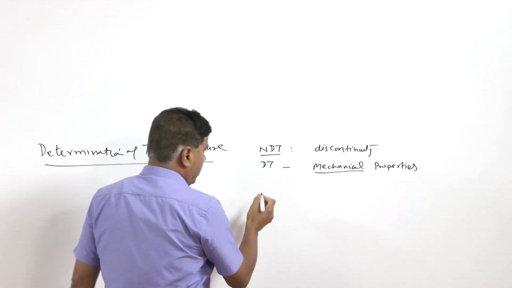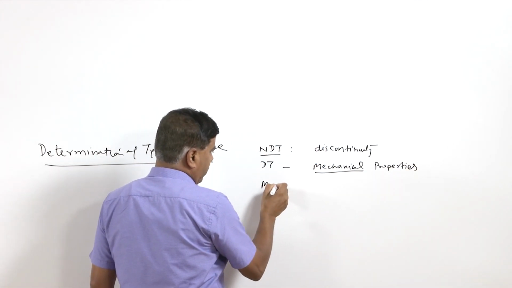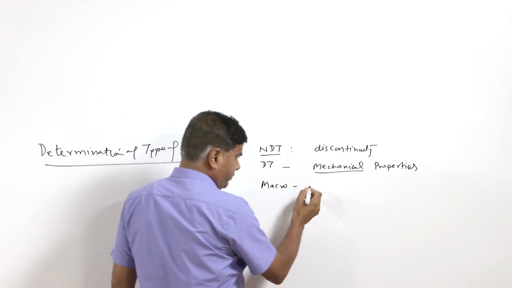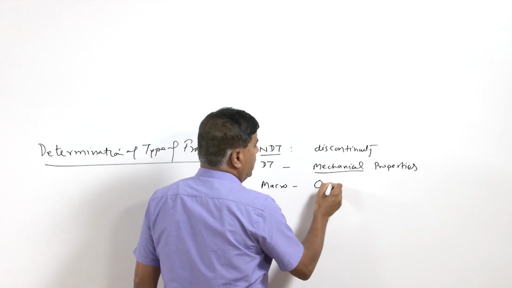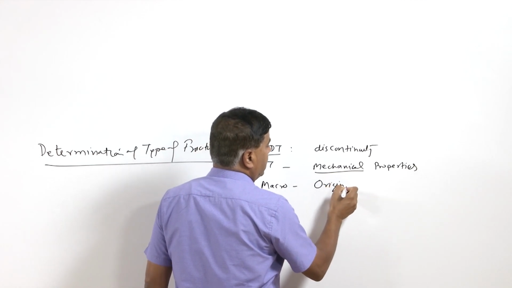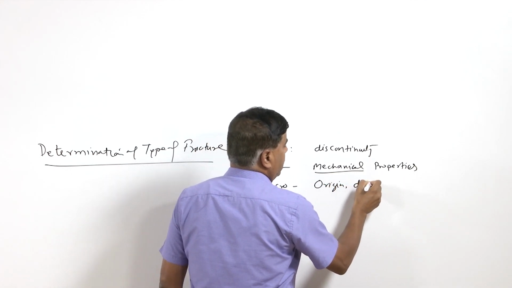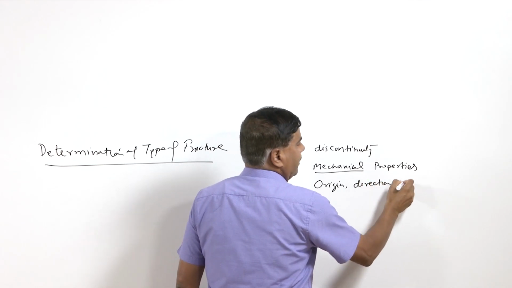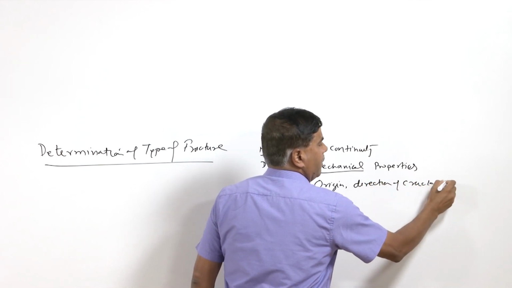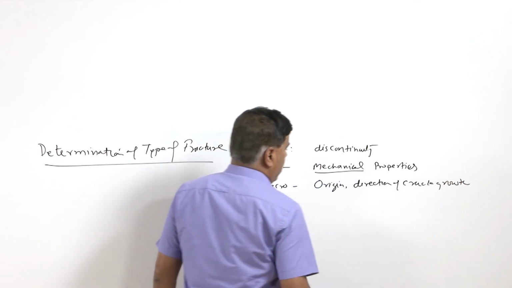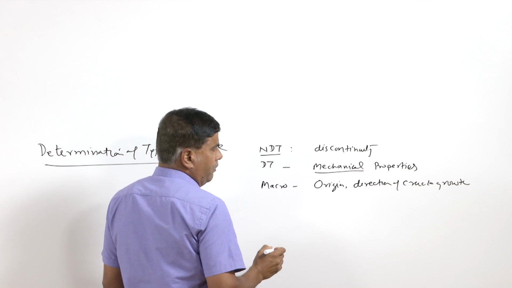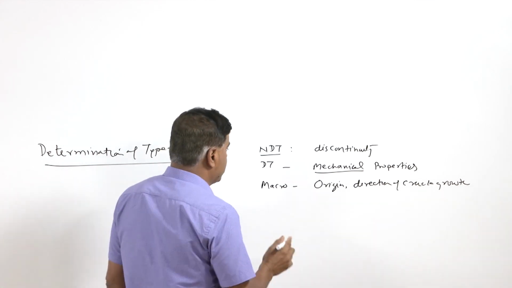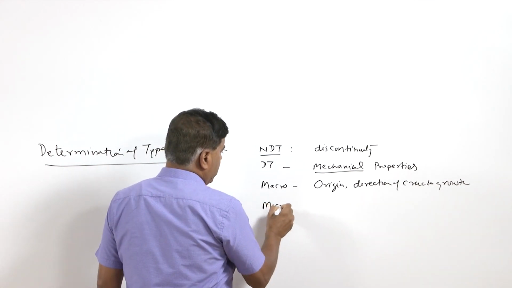Then we have also talked about the macroscopic analysis, wherein the origin or initiation of the fracture and the direction of the crack growth are identified under the macroscopy of the fracture surface.